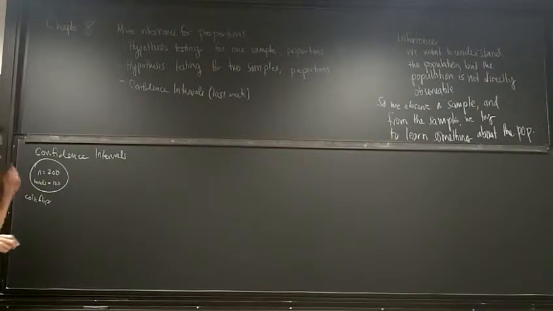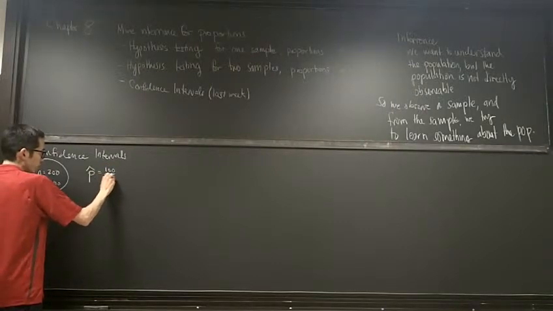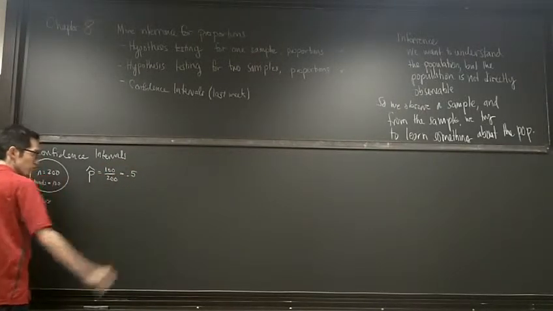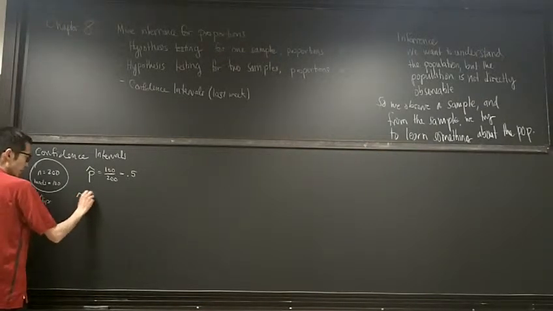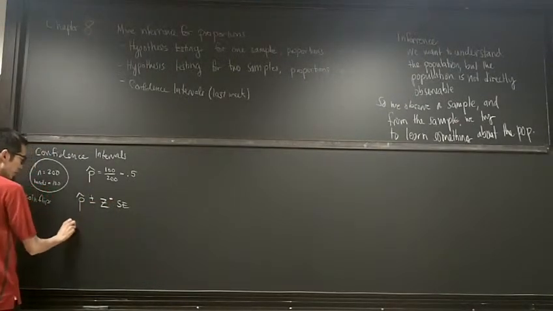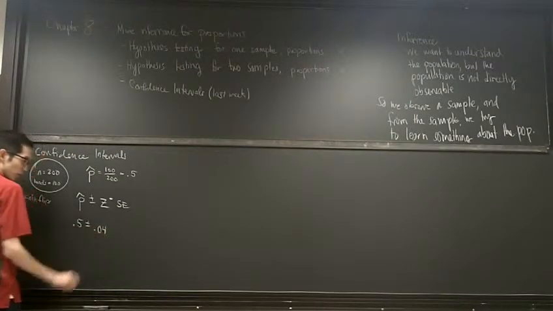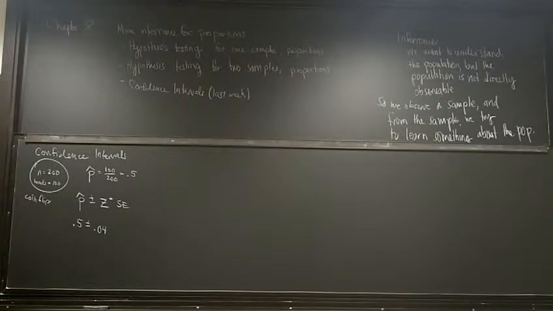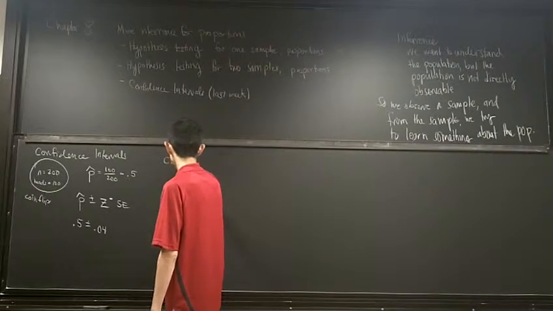Based on your sample, the proportion is 100 over 200, or 0.5. You create a confidence interval, which is p hat plus or minus z star times the standard error. Maybe it's 0.5 plus or minus 0.04, and I'm completely making up numbers here. So your confidence interval is 0.46 to 0.54.